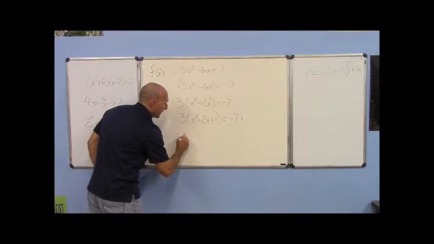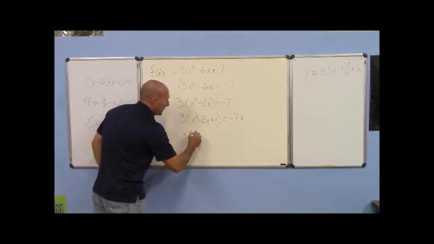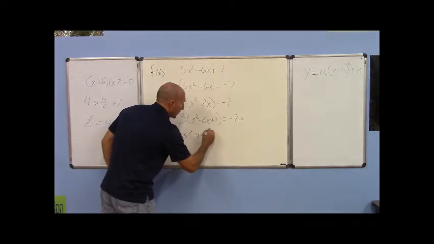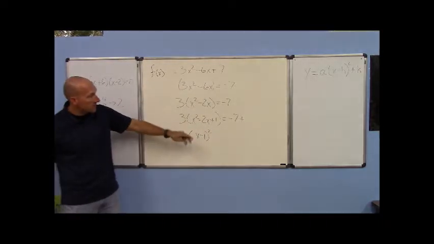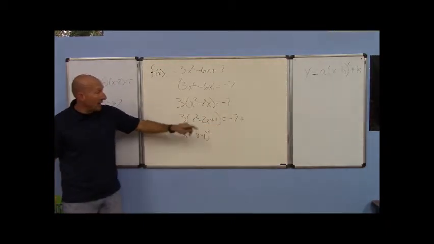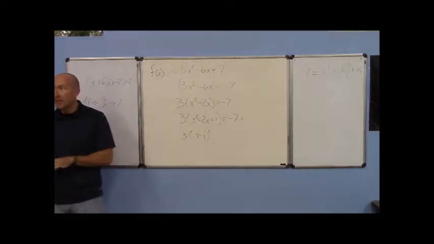And so we'll have 3 times x minus 1 squared. Because again, we have to take into consideration what is a factor of 1 that gives you a positive 1 but ends up with a negative 2 when you add them together.